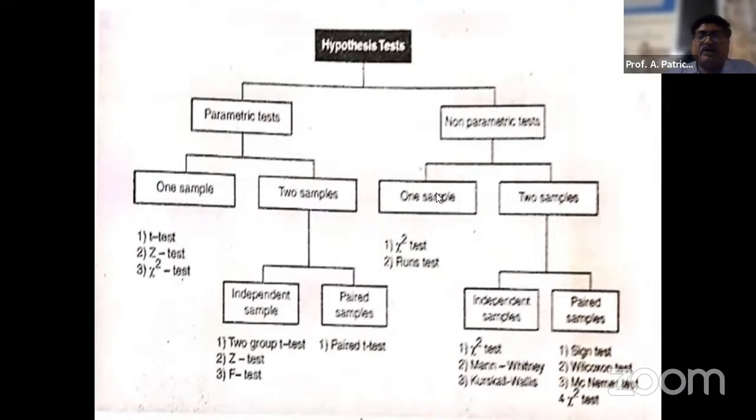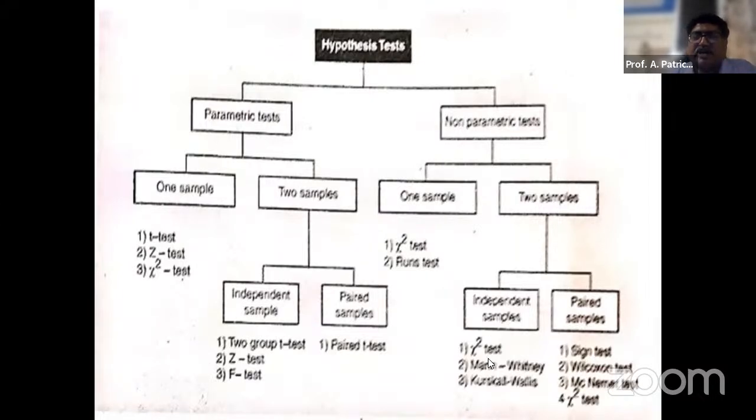So here, if I have one sample and one population, I use chi-square or run test or Mann-Whitney U-test, Kruskal-Wallis test. A lot of those tests are there. If there are 2 samples, then if the samples are drawn independently or are paired samples, I have a sign test, a Wilcoxon test, McNemar or a chi-square.